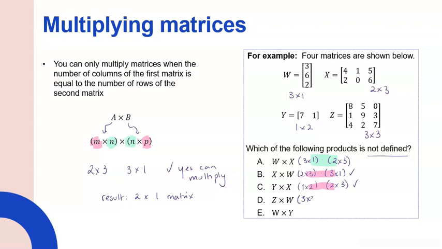Z is a 3 by 3, W a 3 by 1, so again, yes, columns and rows. And finally, W is a 3 by 1, Y is a 1 by 2, and so again, yes, rows and columns. So that gives me A as my answer, being not defined.